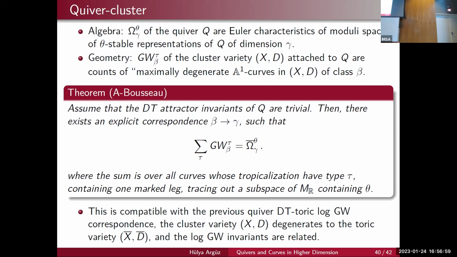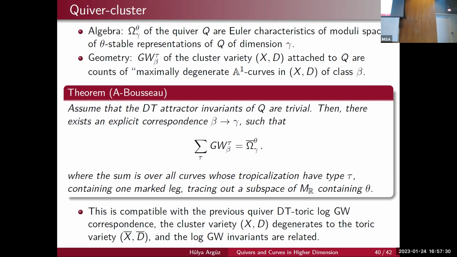One calculates Quiver DT invariants, the other calculates counts of A1 curves. So the proof of this is actually just based on using the equivalence of two wall structures or scattering diagrams. And once you know this, it's natural to expect in Gromov-Witten theory that the invariants of these cluster varieties obtained by blowups of toric varieties are related to the invariants of the toric variety.